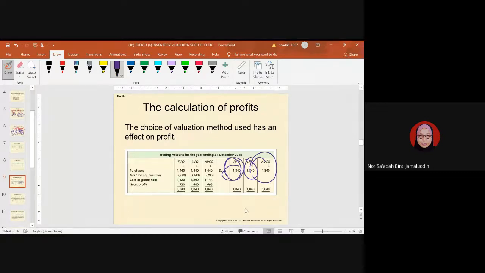So that let's say bila kita guna FIFO, dia punya closing inventory dia lebih tinggi daripada LIFO. Bila closing inventory dia lagi tinggi, kita punya cost of goods sold akan jadi lebih rendah.